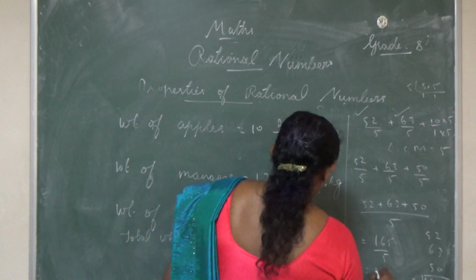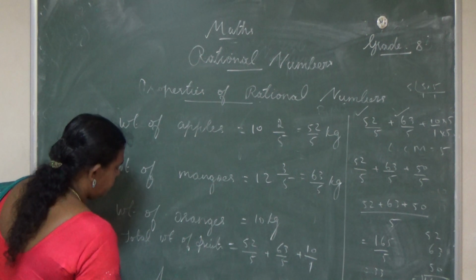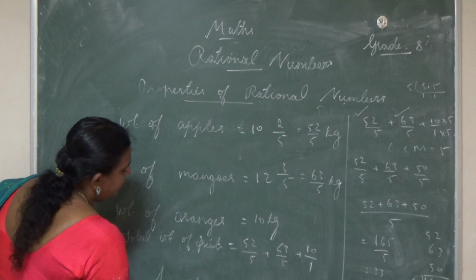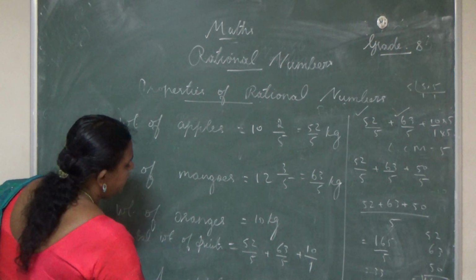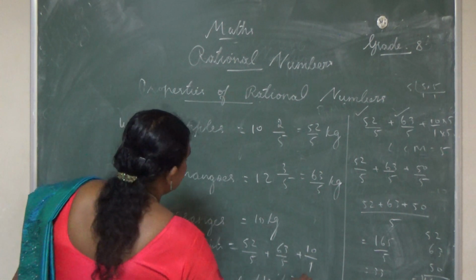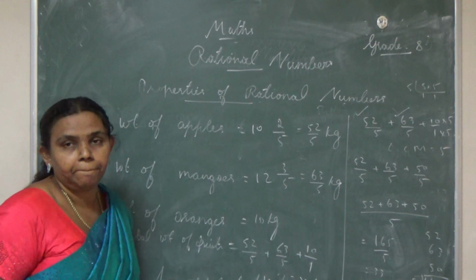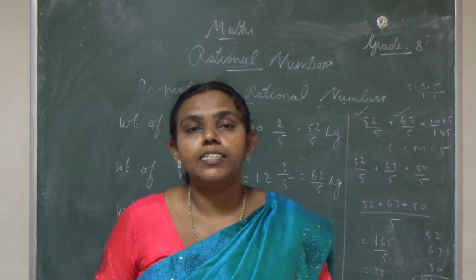So what is the answer? The total weight of fruits is equal to 33 kilograms. The total weight of fruit is 33 kilogram.